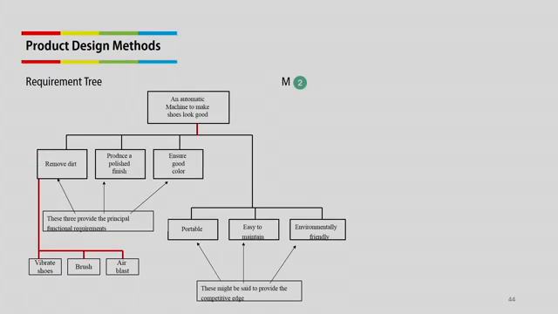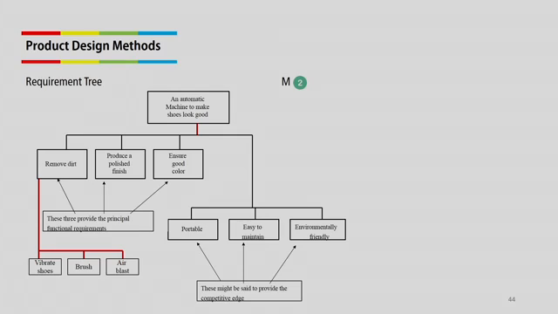For example, one is remove dirt, second produce a polished finish, third ensure good color, fourth you have to make the product portable, fifth it should be easy to maintain, sixth environment friendly.